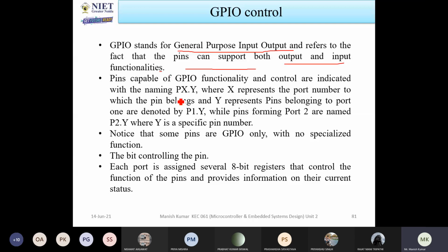With the help of instructions, you are going to define which pins you are going to use as input and which pins you are going to use as output, with the help of PxDIR. With this, okay. Now, pins capable of GPIO functionality and control are indicated with the naming X and Y.